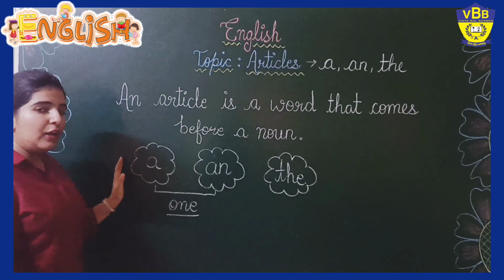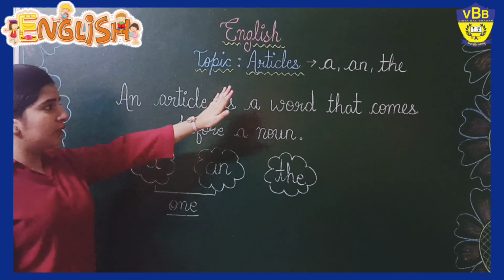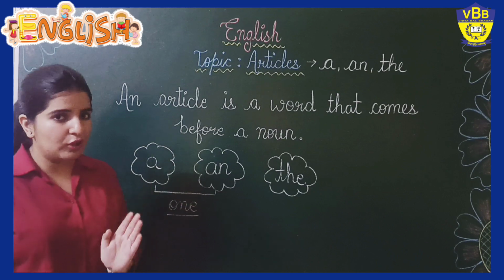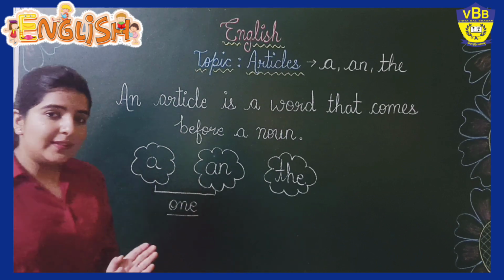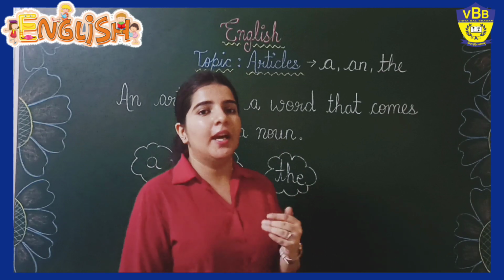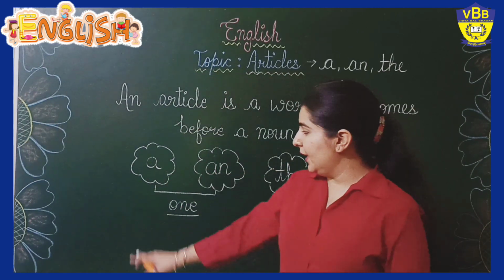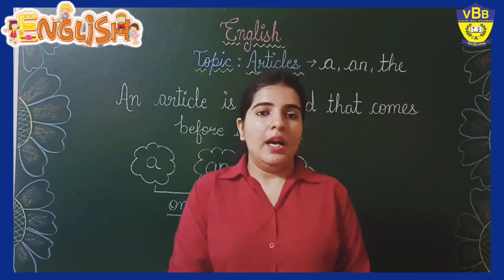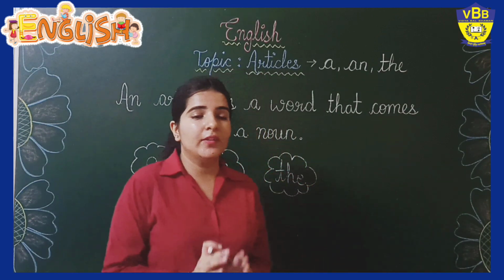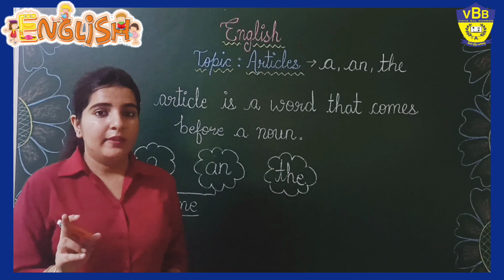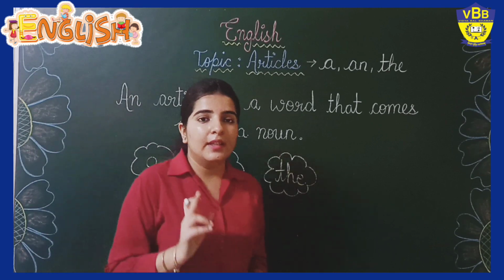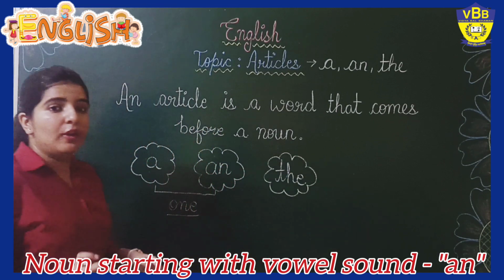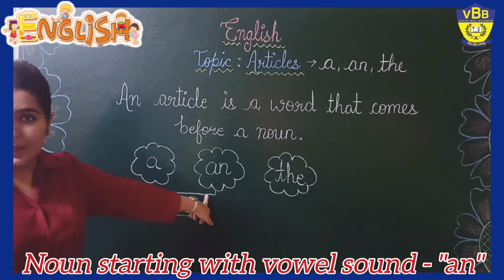Before starting directly on the topic, we have learned what vowels are and what consonants are. This is what we have to keep in mind while using a and an. Whenever a noun starts with a vowel sound, repeat with me, when the noun starts with a vowel sound, we will always use an.